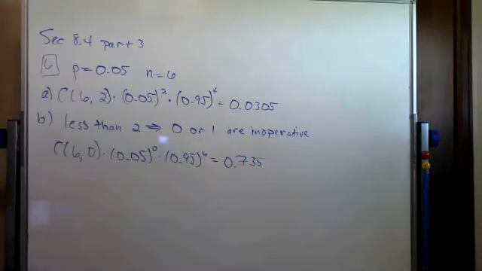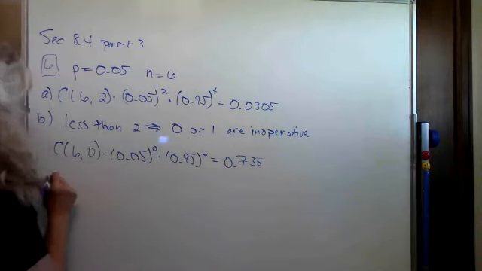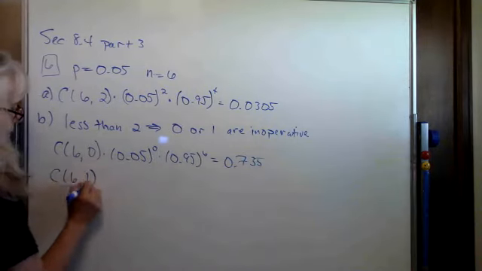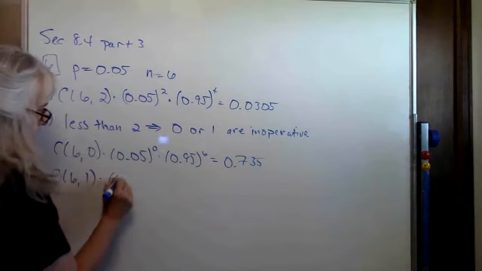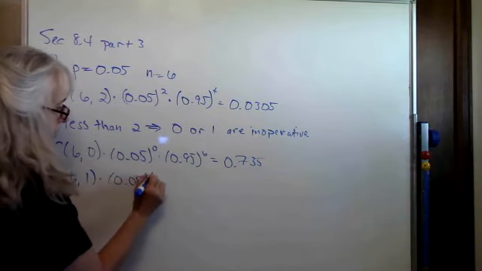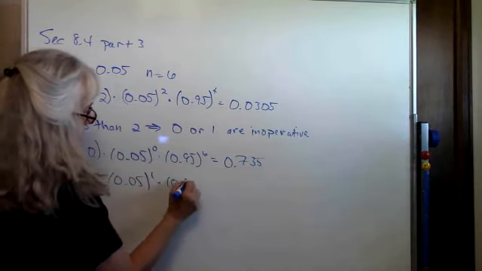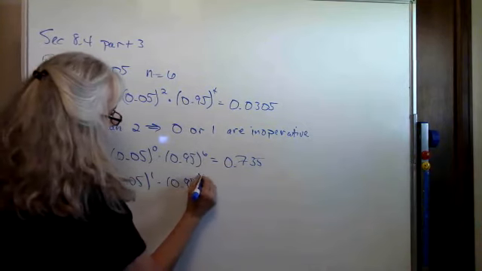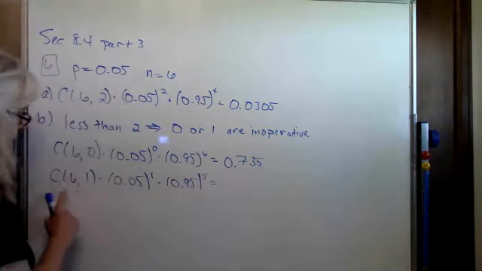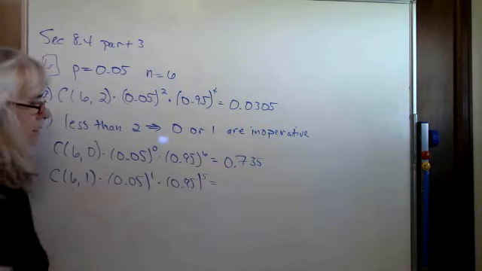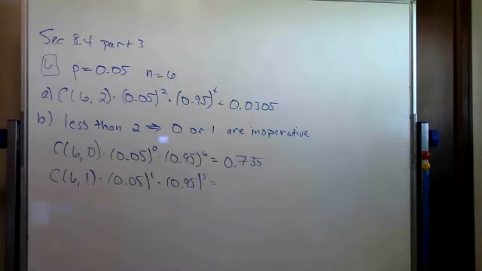Okay, now we're going to do the 1 being inoperative. So the combination of 6 choose 1 times 0.05 to the 1st power times 0.95 to the 5th power.